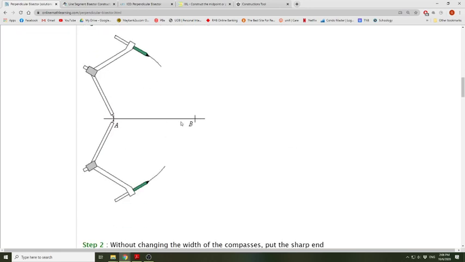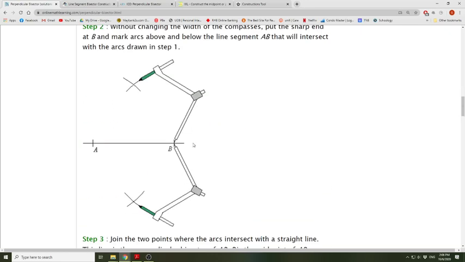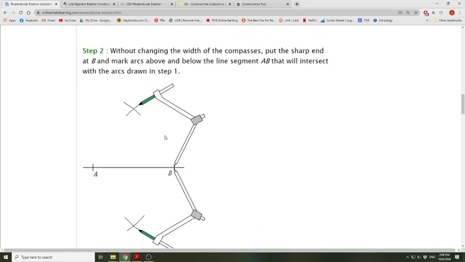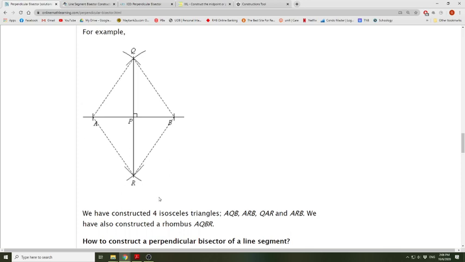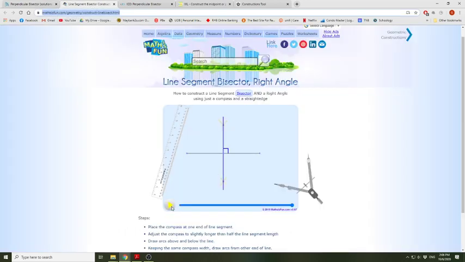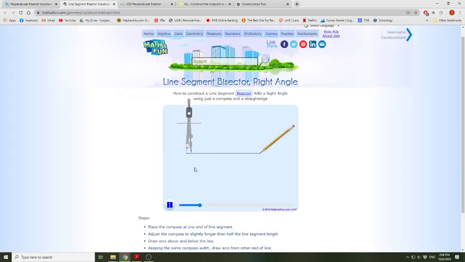If you remember your loci, the circles will be all this equal distance. Similarly, do not change the width of the compass. I draw the other side, and then I just need to connect two dots. If this is a bit too blur for you, I have another one that can help you.